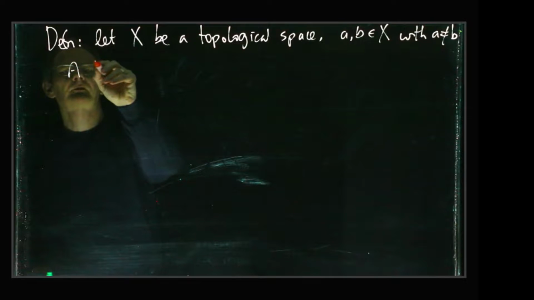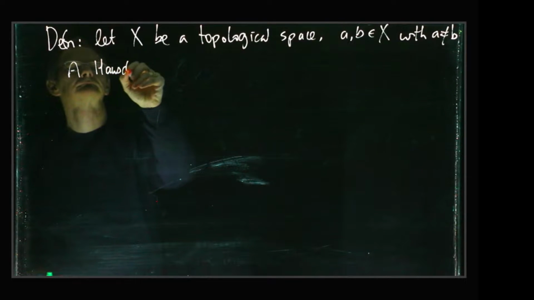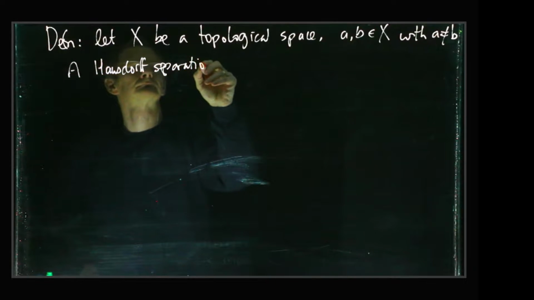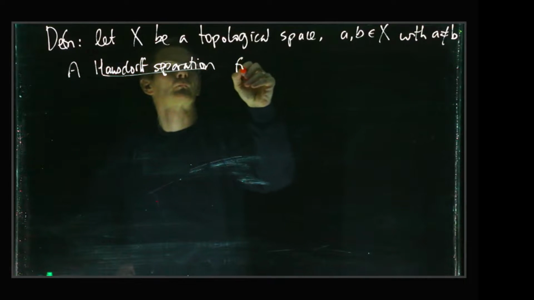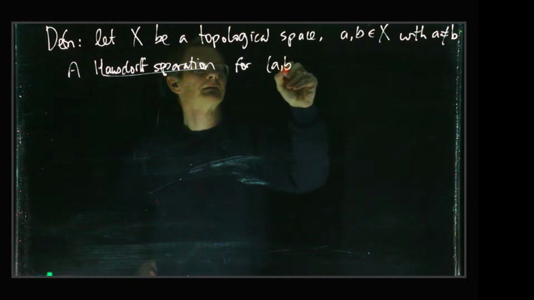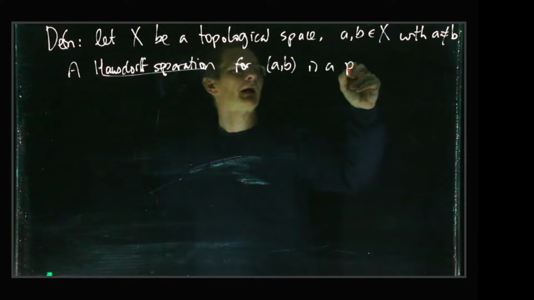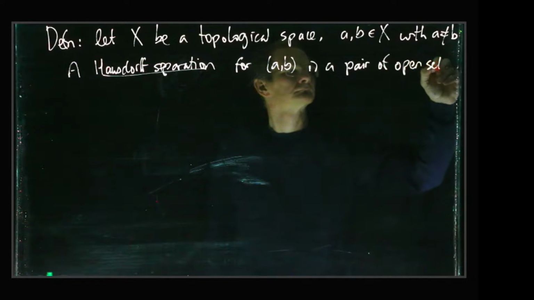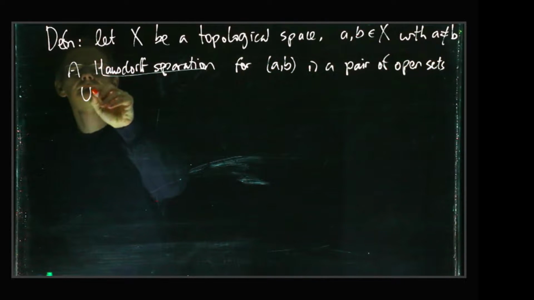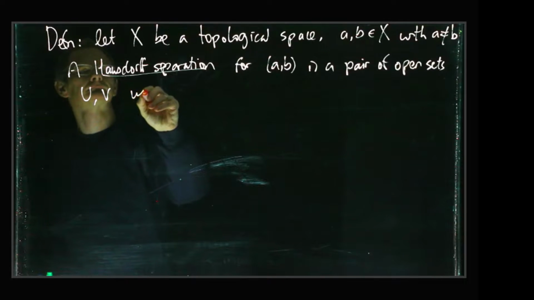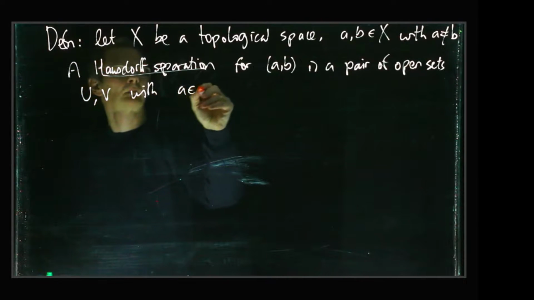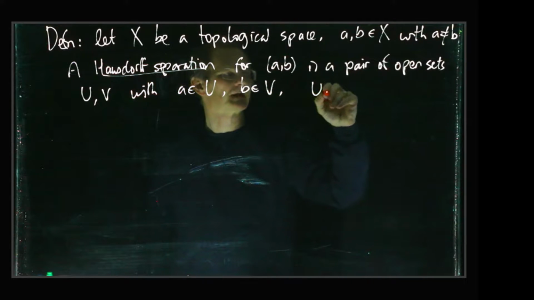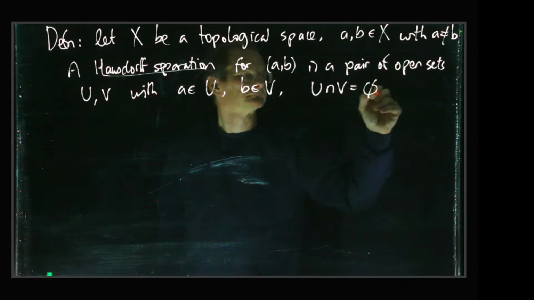And so we're going to say a Hausdorff separation for the pair A, B is a pair of open sets U, V such that A is in U, B is in V, and U intersect V is empty.